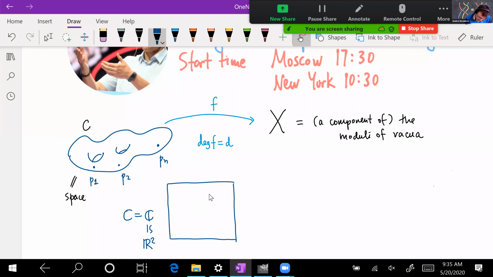Of course, this is non-compact, and so as usual, when you put a theory in an infinite space, you have to assume that at infinity it is in one particular vacuum.